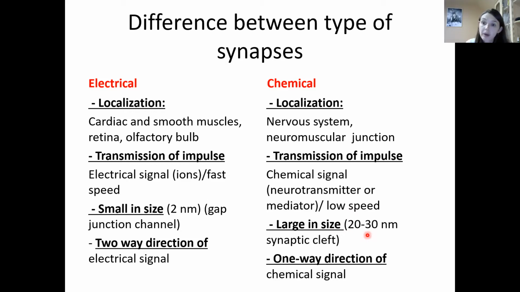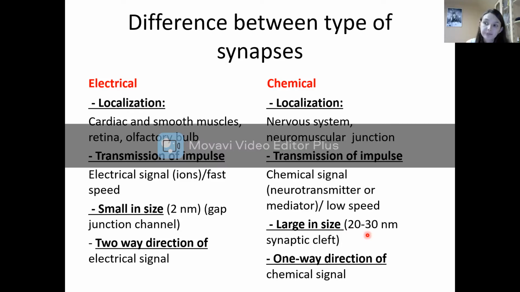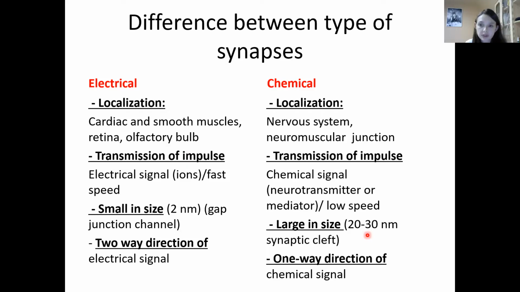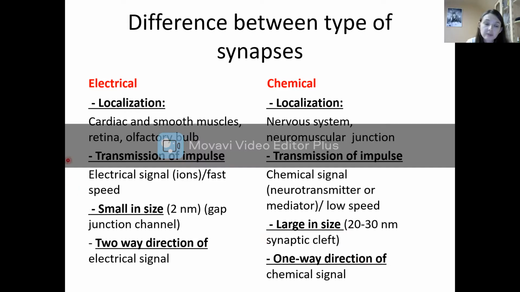Also, if you remember, we discussed that one of the main properties of the synapse is one-way conduction, when the impulse is transmitted from the presynaptic neuron to the postsynaptic one. One-way direction is common for chemical synapses, but what is interesting is that for electrical synapses two-way transmission of the electrical signal is common.